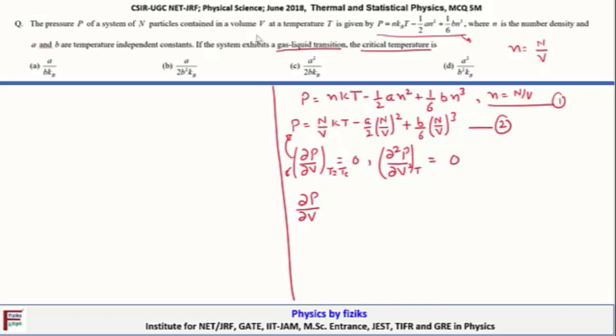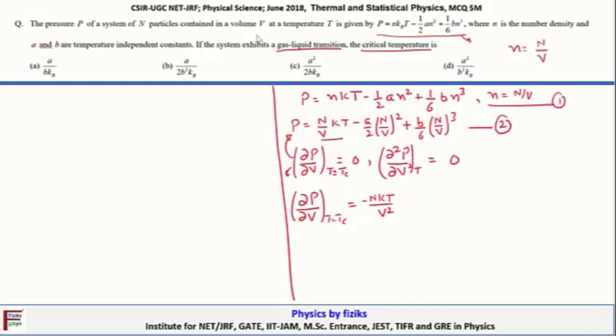dP/dV at T equal to Tc will be equal to, taking the differential of the first term, a factor of minus 1/V squared, so the first term will be minus NkT upon V squared.